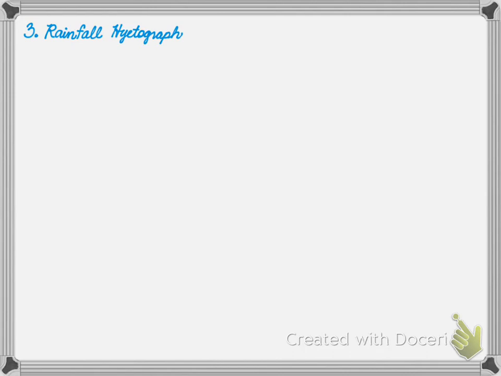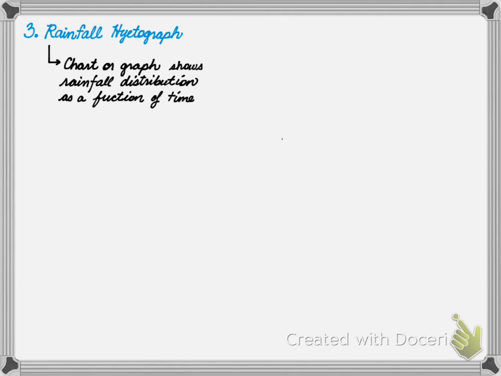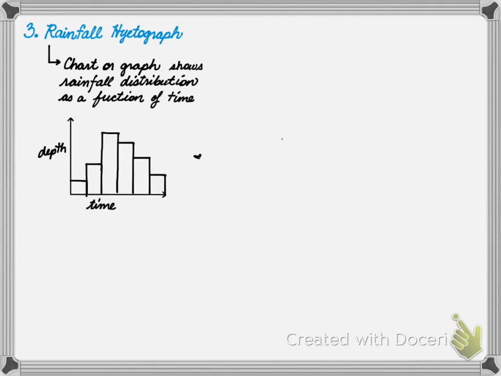A rainfall hyetograph is used to display a rainfall distribution for a given storm. A hyetograph shows rainfall as a function of time. The hyetograph shows a distribution of the rainfall event. The y-axis is rainfall depth, while the x-axis is time.